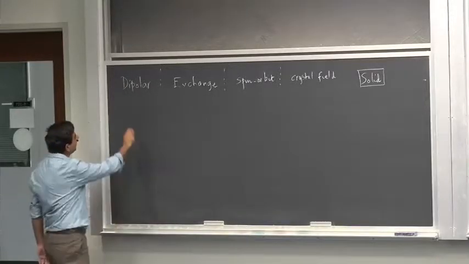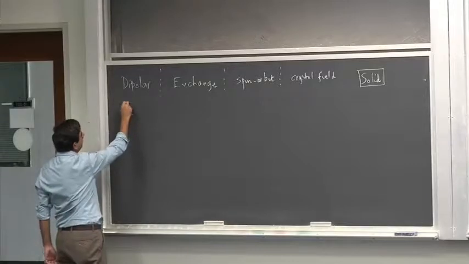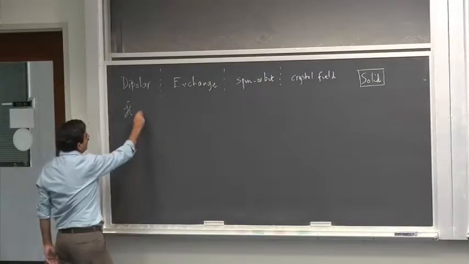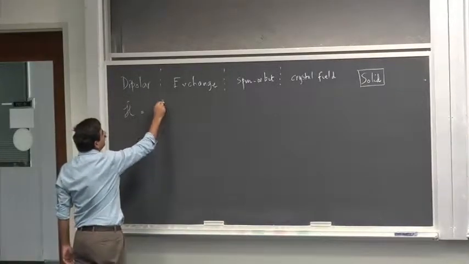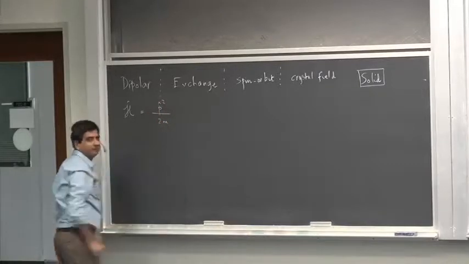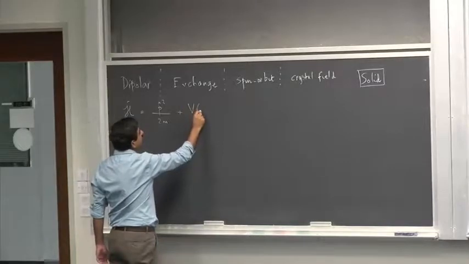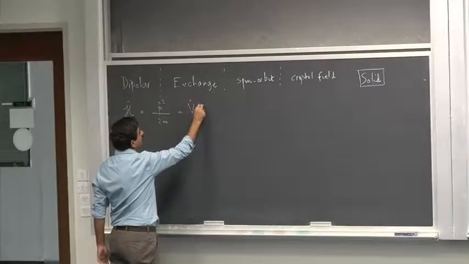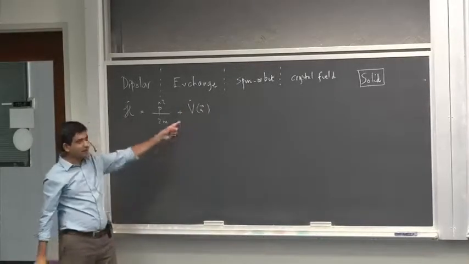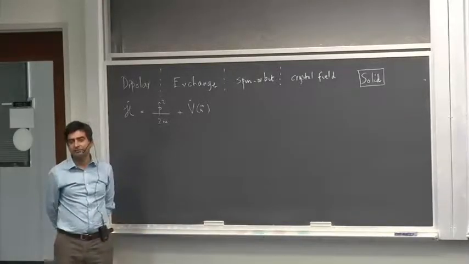Now if you look at the electron inside a solid, its Hamiltonian will be p square over 2m plus the potential energy term, which could be a periodic potential inside the solid.